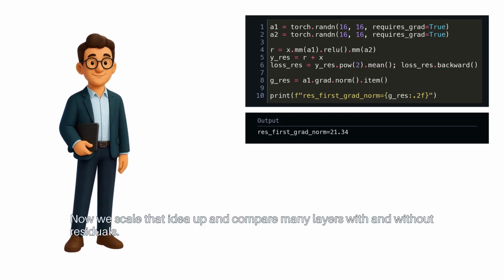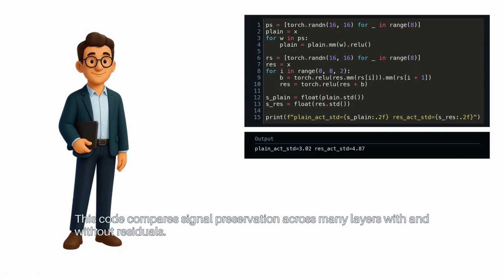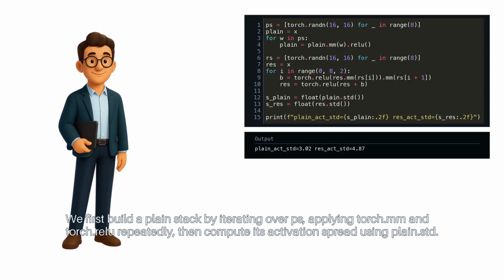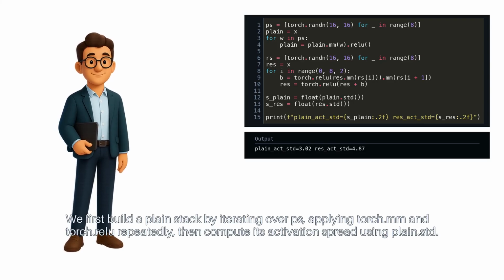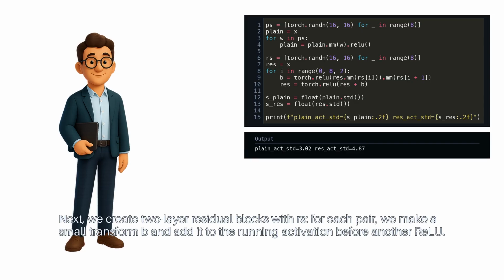Now we scale that idea up and compare many layers with and without residuals. This code compares signal preservation across many layers with and without residuals. We first build a plain stack by iterating over Ps, applying torch.mm and torch.relu repeatedly, then compute its activation spread using plain.std. Next, we create 2-layer residual blocks with Rs.